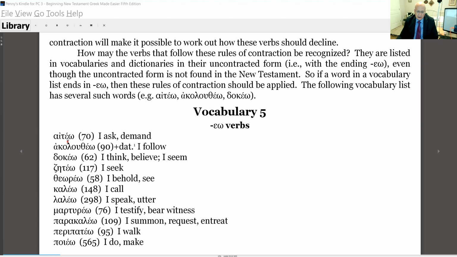So the stem is ite, and then we have our endings o, es, a, omen, ete, usi, present tense active endings. When we add these endings to the stem of these verbs that end in epsilon, we notice that there's a contraction that takes place.